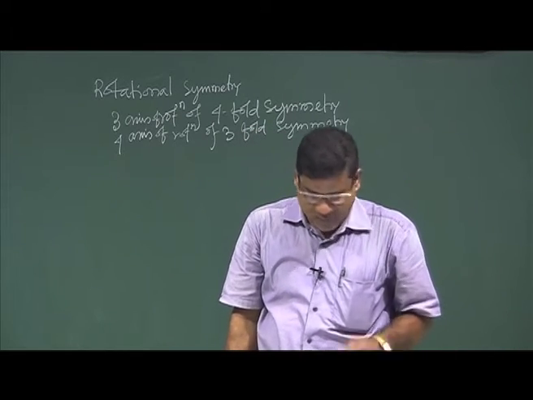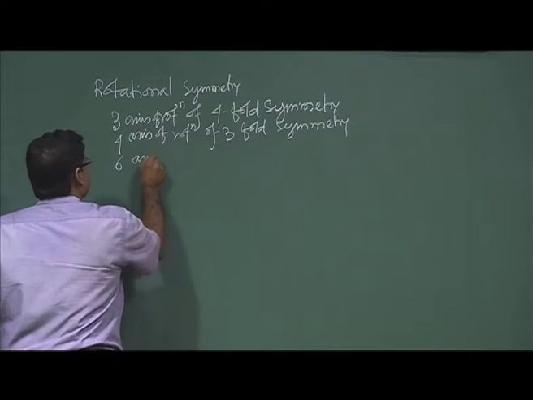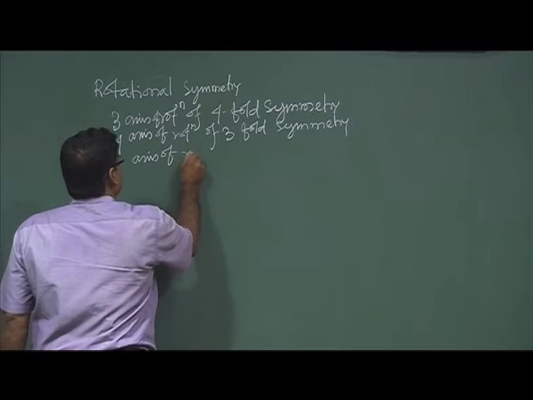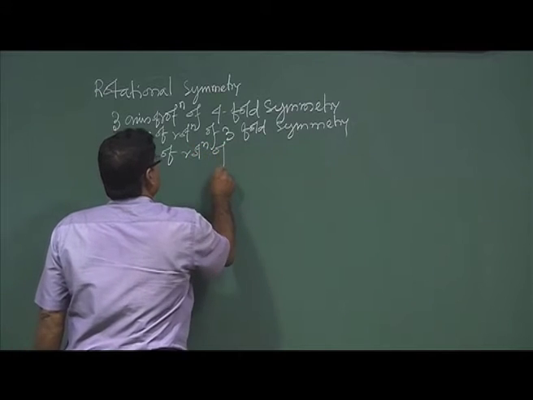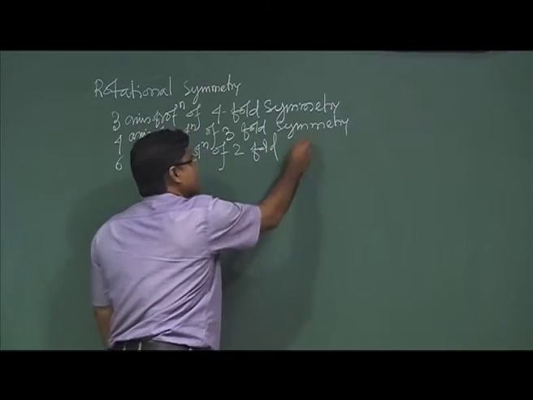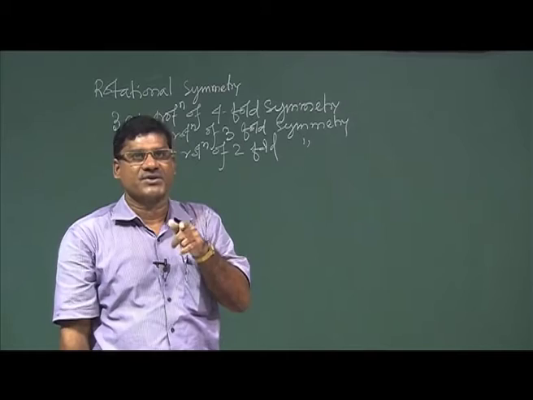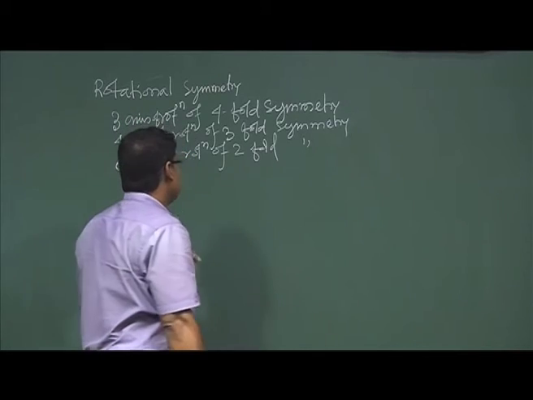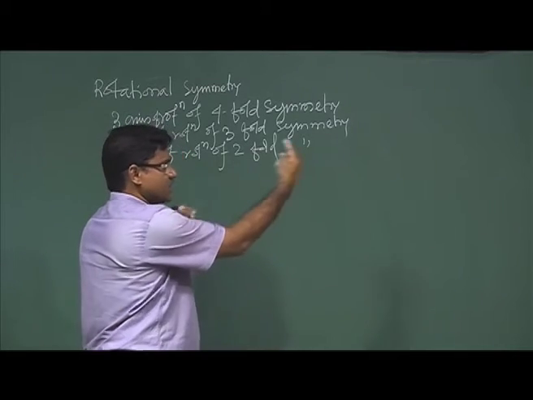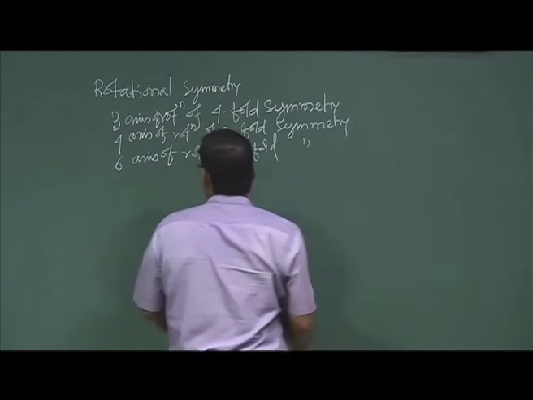And 6 axes of rotation of 2-fold symmetry, passing through the middle of the edge of the cube, through opposite edges.